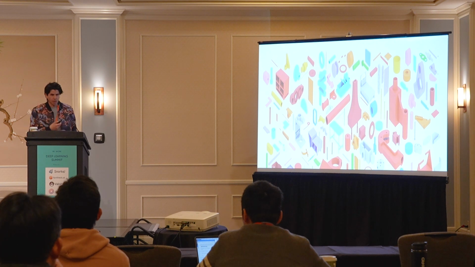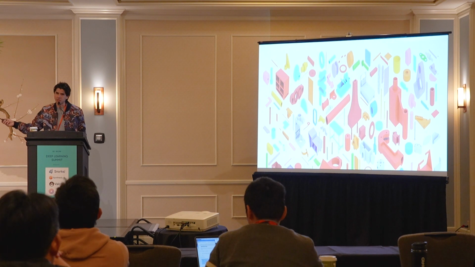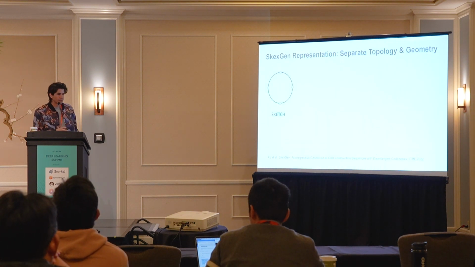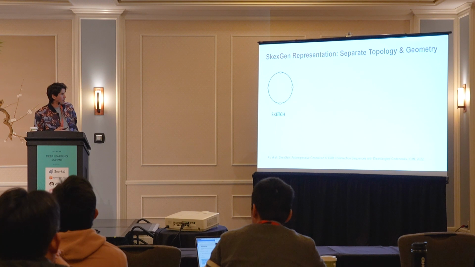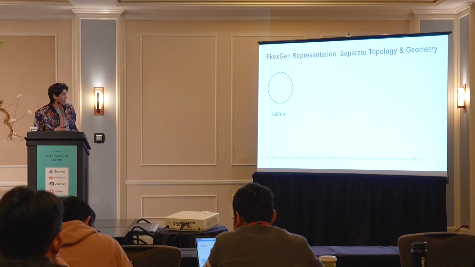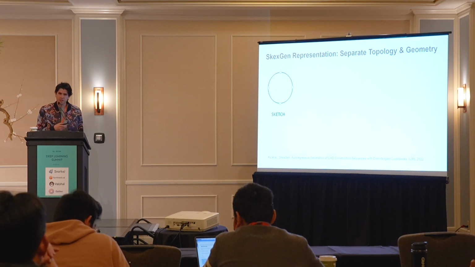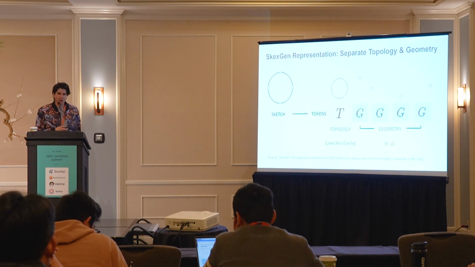We created a data set called the Fusion 360 data set that has this sort of supervision underneath it, and that's available online. One of the most recent works we've done in this area was at ICML last year. It's called SketchGen, and it represents sketches in a way where we break out the tokens into topology tokens as well as geometry tokens, with the idea that we can separate out topology and geometry to have some interesting controls over how the network outputs the geometry.